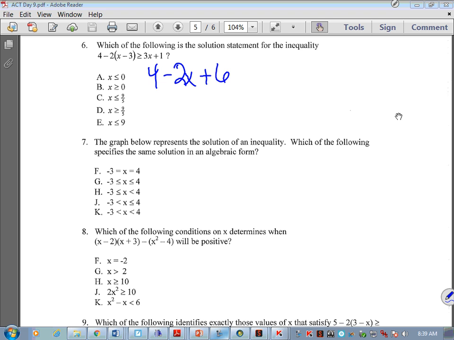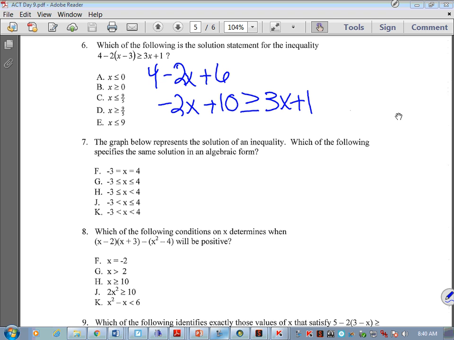Plus 6. Good, because that's a negative 2. All right, so we got 4 minus 2x plus 6. We could simplify that down if we wanted to. In fact, let's go ahead and do that. We're going to get negative 2x plus 10 is greater than or equal to 3x plus 1.